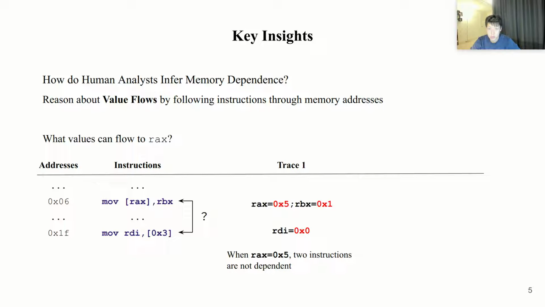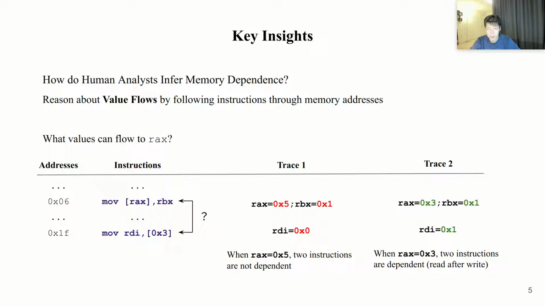Then two instructions are accessing different memory addresses, thus the value from RBX does not flow to RDI. When analyzing the value flows along a different path, we might end up obtaining RAX to be 3. Then the first instruction writes to the same address that the second instruction will read from, and the value will flow from RBX to RDI.